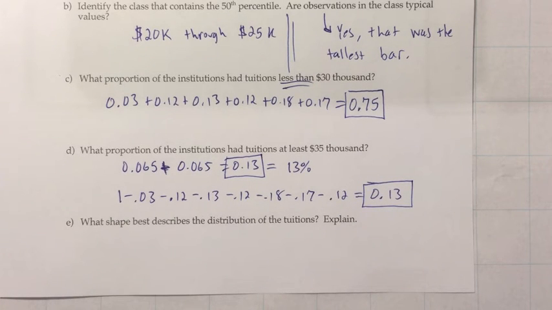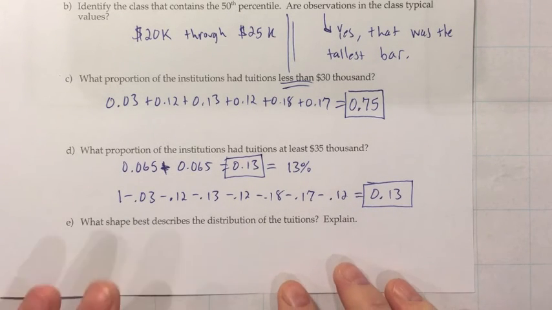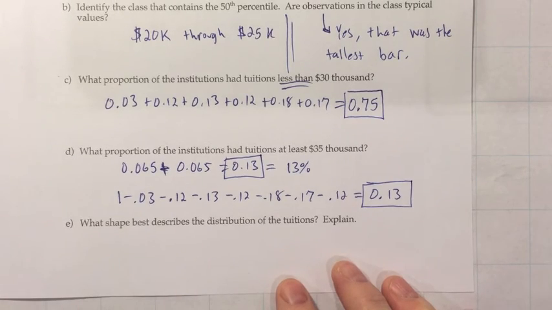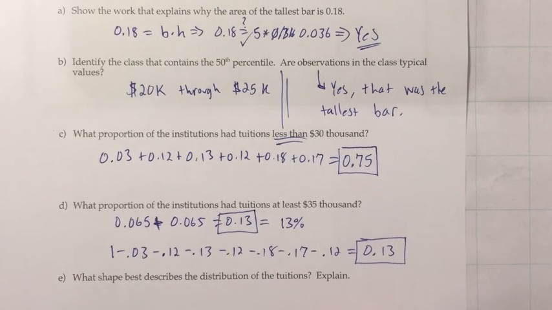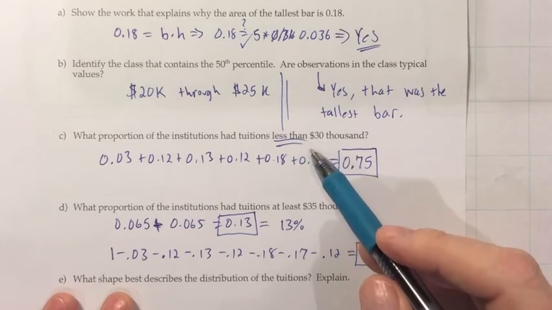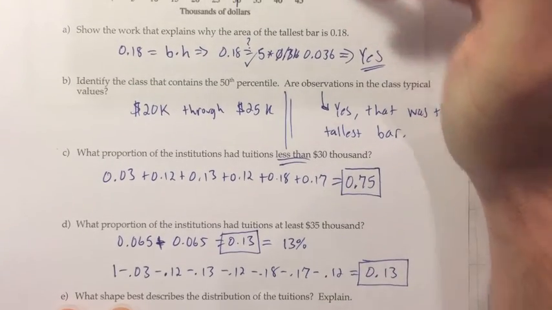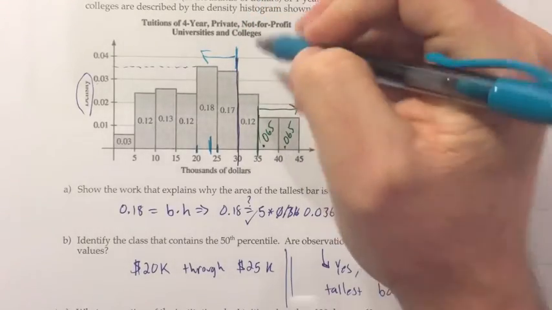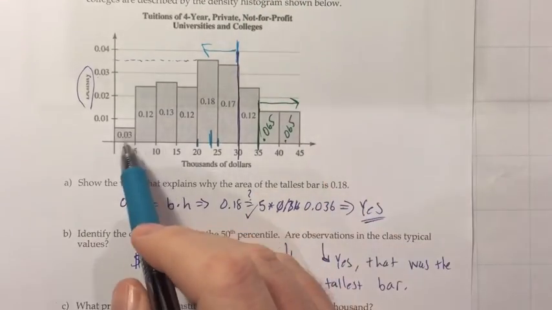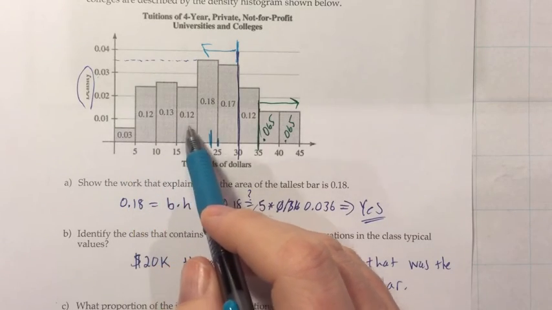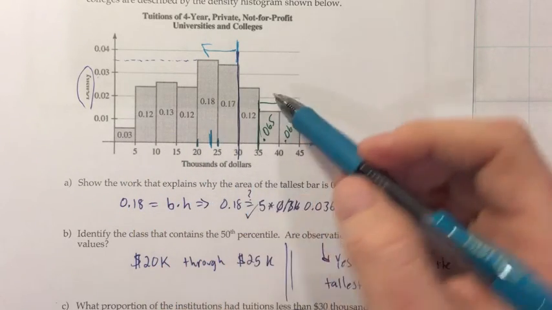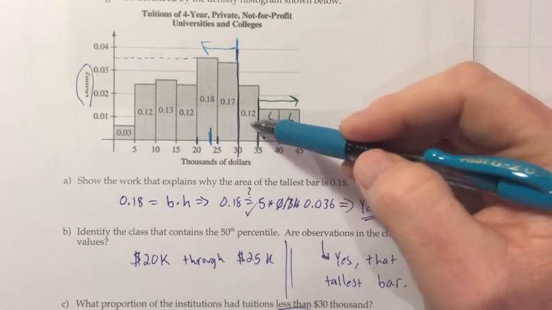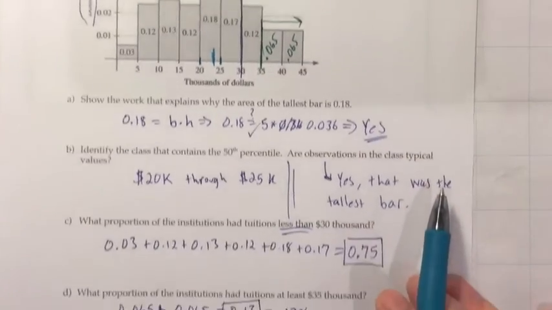So speaking of that idea that we can use subtraction to get an answer, let's go back to Part C for a minute and say what proportion of the institutions were less than 30,000? That was all the ones, if we took this line right here, that was all of these. But what we could do, that would be faster, instead of adding up 1, 2, 3, 4, 5, 6 bars, I could also have done 1 minus these 3 bars, and that would have worked too.